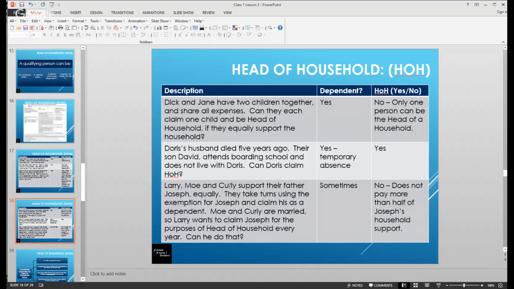He can claim him as a dependent sometimes, but he cannot claim him as a dependent when he's not paying more than half. If Larry provides 51%, and Moe provides 25 and Curly provides 24, in that case, Larry would be able to use him for head of household.